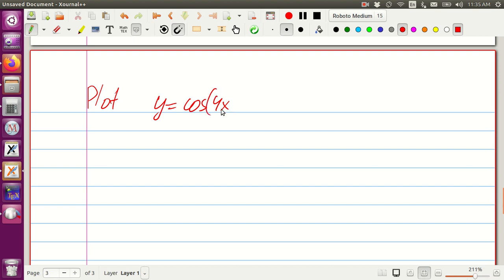So now inside of cosine we have this quantity which we can think of as one variable. So 4x changes in 2 pi, right? Because if it would be just 1x, it would have a full fundamental period of 2 pi. So now 4x has a fundamental period of 2 pi.